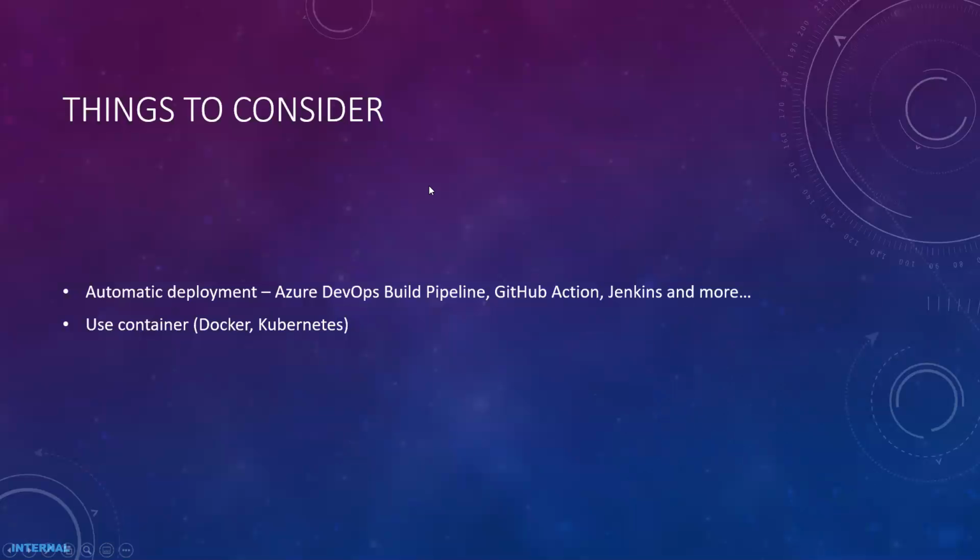All right, things to consider. The deployment I did just now is very manual. You have to make sure your server is running, nobody is using the website, and you have to do it manually: copy the file, compile.